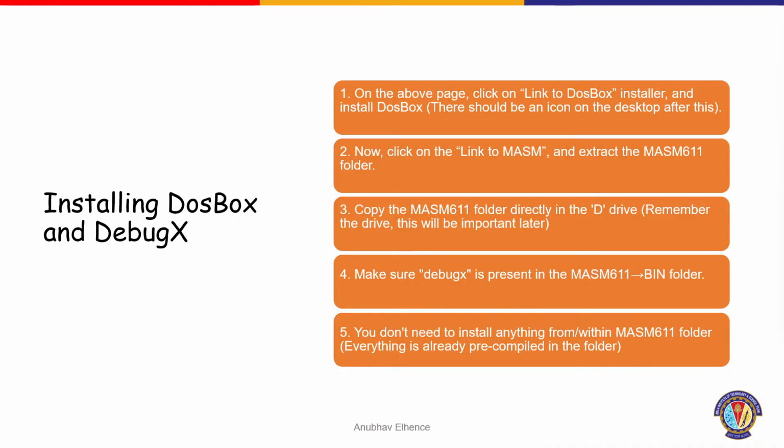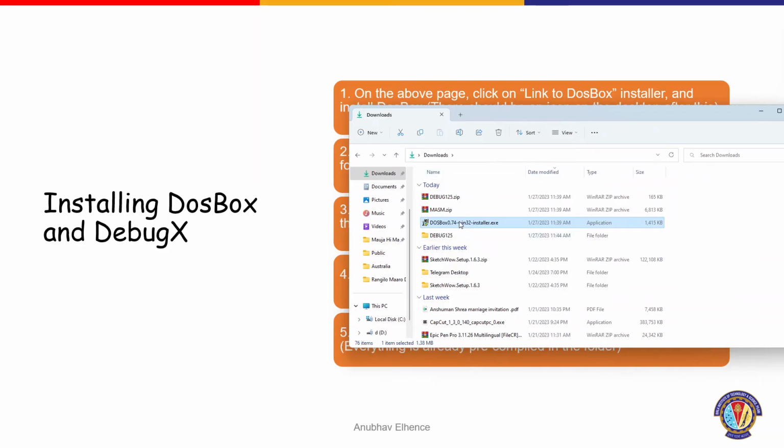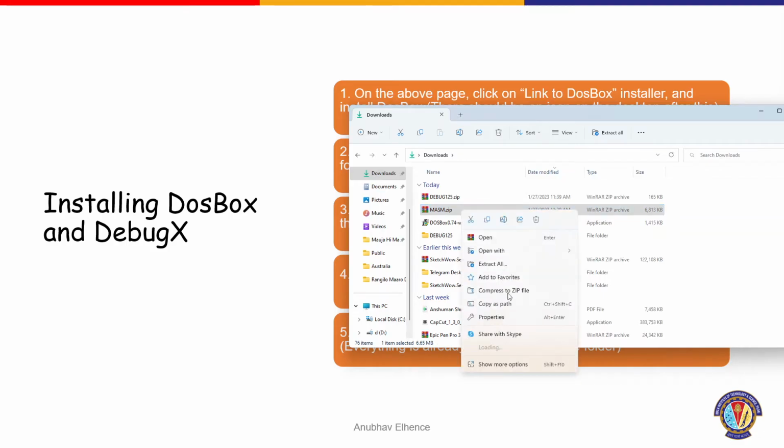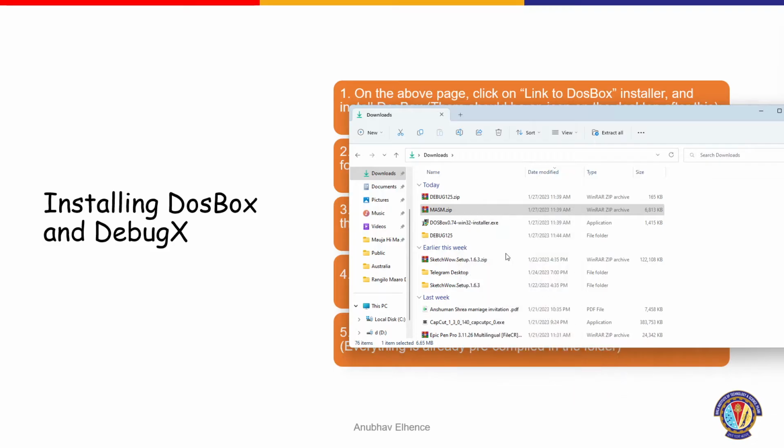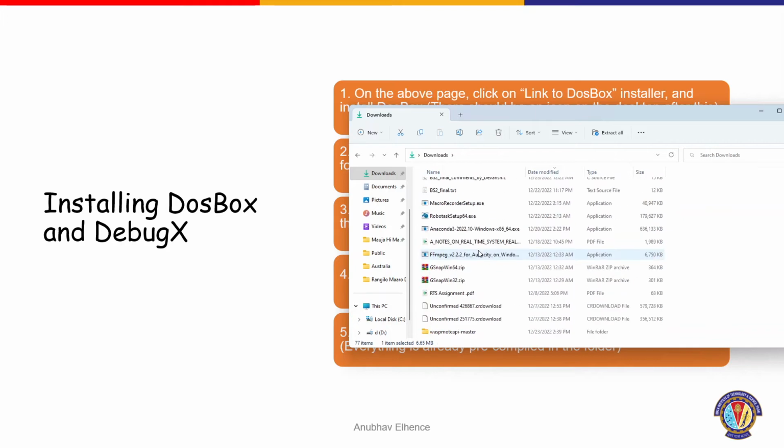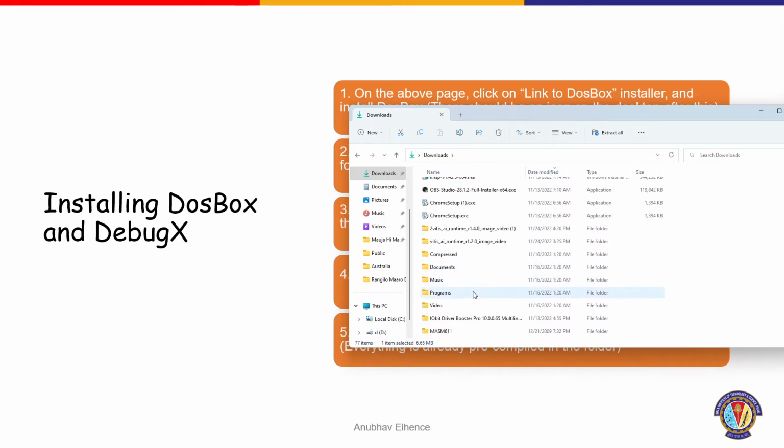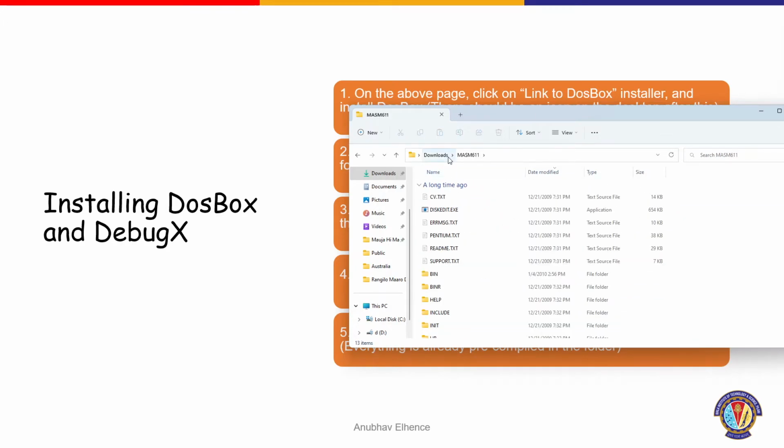Once you've done this, these 5 steps you have to follow. Just install the DOSBox to the default location where it tells you to. Extract the MASM folder by right clicking and WinRAR extract here. Once you click on extract here, you will find this MASM 611 folder.